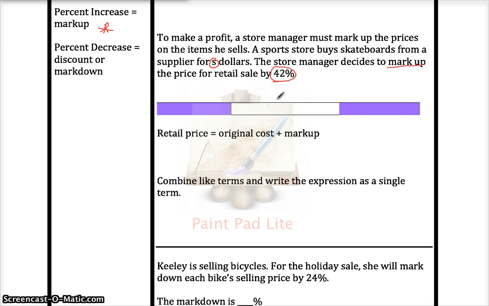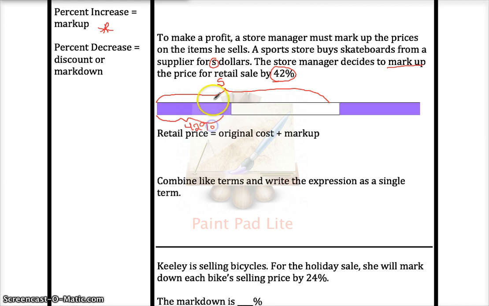Then if you're following along in your book, we are on page 63, but just remember you cannot write in your book. So this is the bar diagram that they drew, and right here, this is the original cost of the skateboard. So this is S dollars because this is one skateboard, so it's just the price. From here to here is the price. And then this purple shaded portion right here represents 42% of the original price.